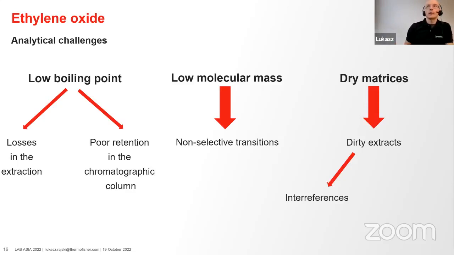It's obvious that if we have more substances in our extract, the probability that one of those substances will have the same transition as our analyte is higher. Also, dirty extracts of dry matrices are very challenging for the instruments from the robustness point of view.